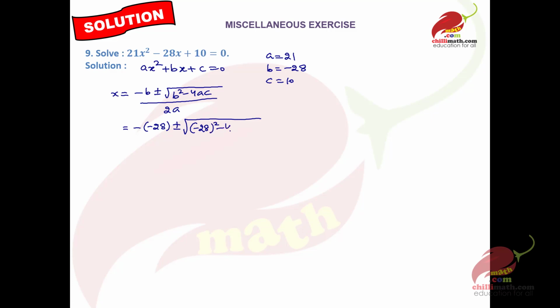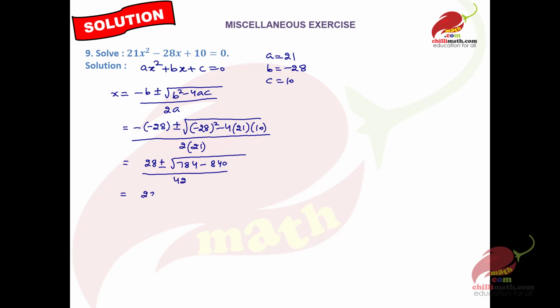square root of 28 square minus 4a into c over 2a. On solving, this is plus minus square root of 784 minus 4 into 21 into 10, that is 840, over 42.